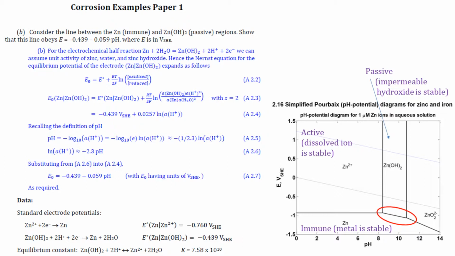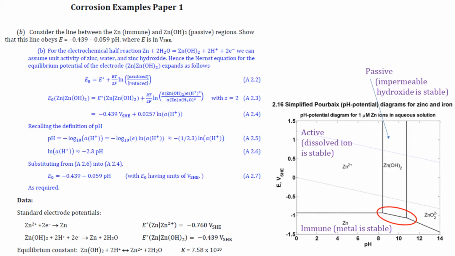And if we do that, we can apply it to this particular process, this half reaction, as in equation A 2.3. The log term here can be greatly simplified, as the solids and the liquid H2O all have unit activity, and so only the term with the log of hydrogen ion activity matters, as shown in the simplified equation A 2.4.